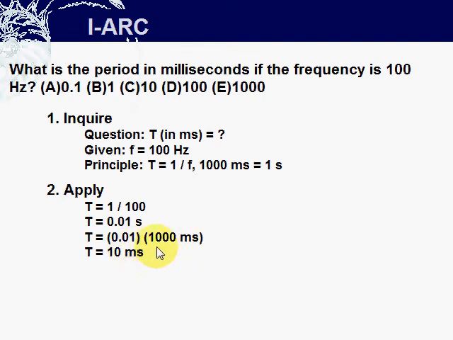Or I can simply move the decimal point over here once for every factor of 10. If I move it over twice, then I can kill off 2 zeros, and I have a 1 there, 1 times the 10. So either way you like to look at this, you can write this as a fraction if you want, 1 divided by 100, and then cross off 2 zeros upstairs and downstairs and get your 10 milliseconds.